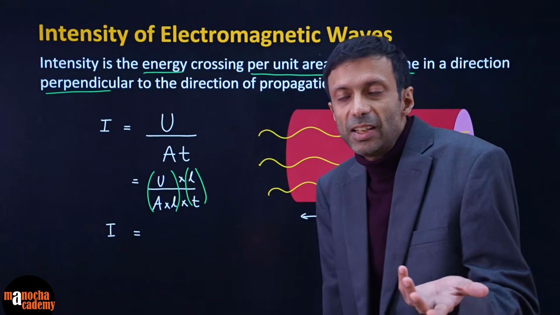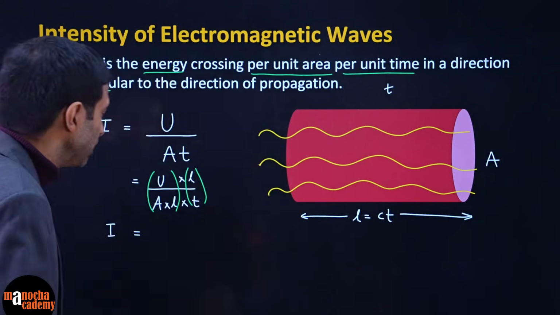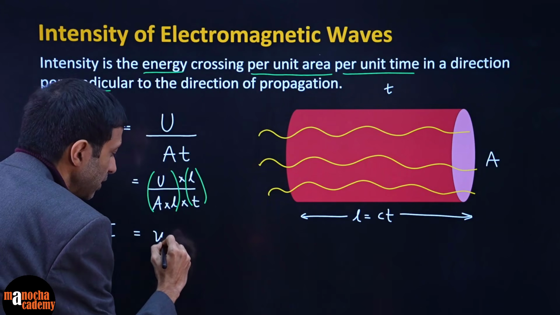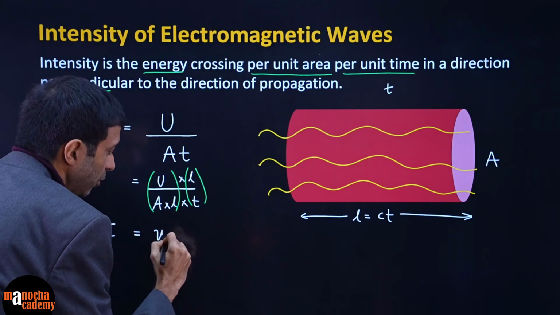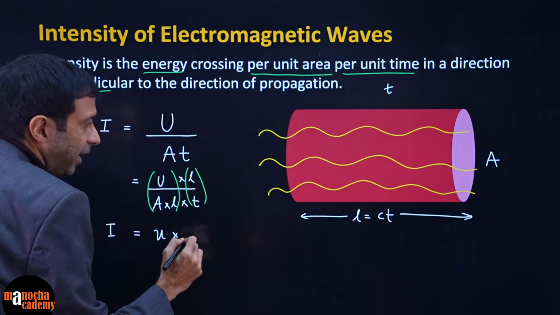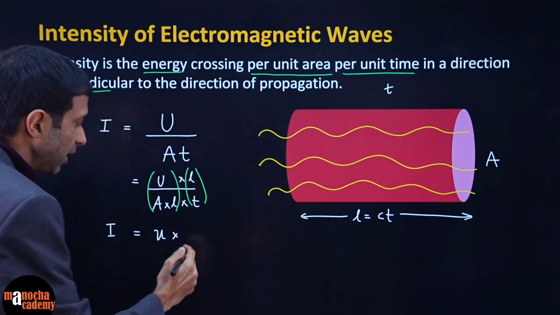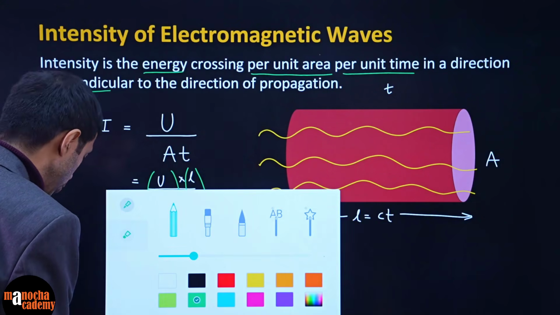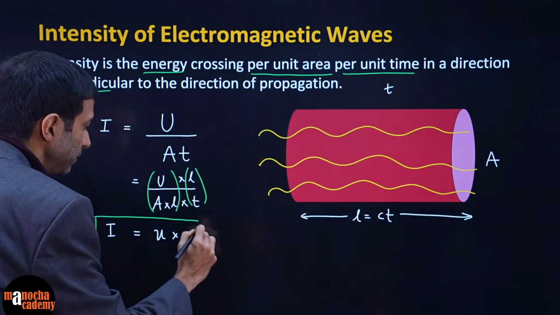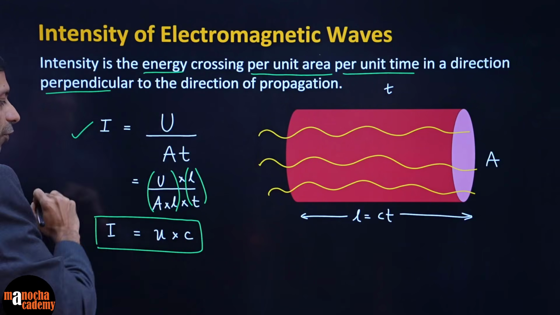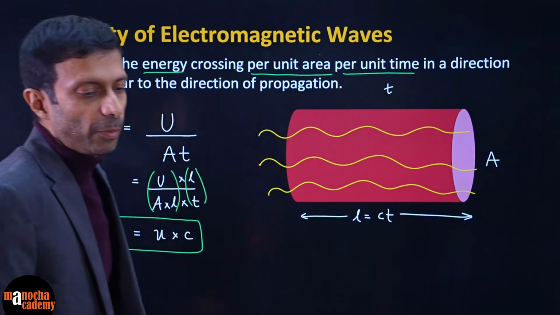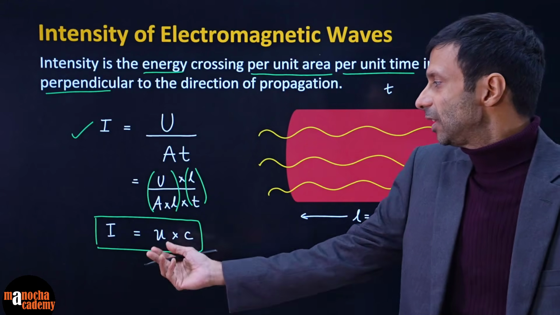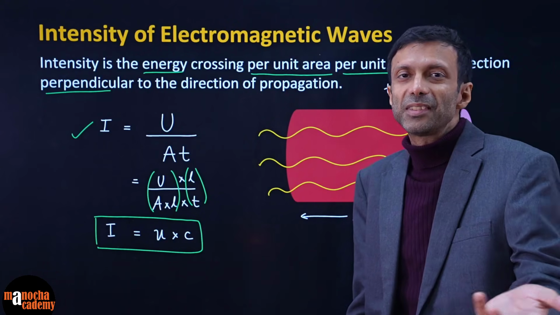That is the energy density of the wave, so I can represent that with small u, energy per unit volume. And L by T is distance by time, which is nothing but the speed of the wave. So can we not say the intensity is equal to u times c? This is also a correct basic formula, and this is a nice derived formula: energy density multiplied by the speed c.